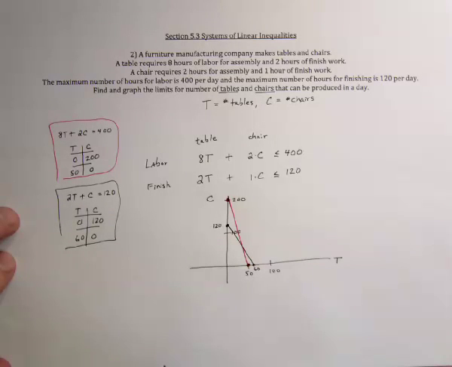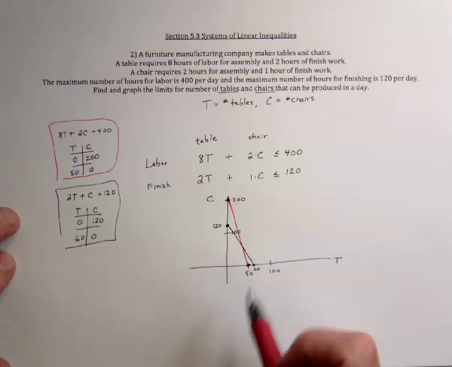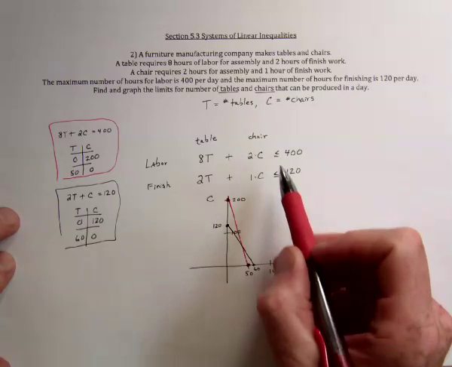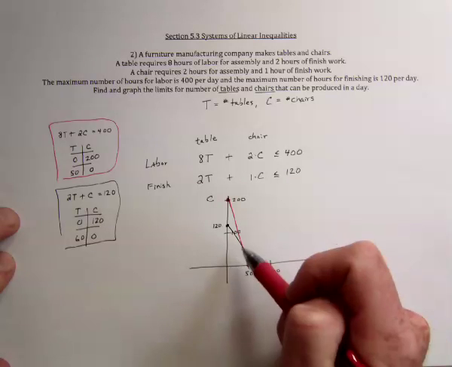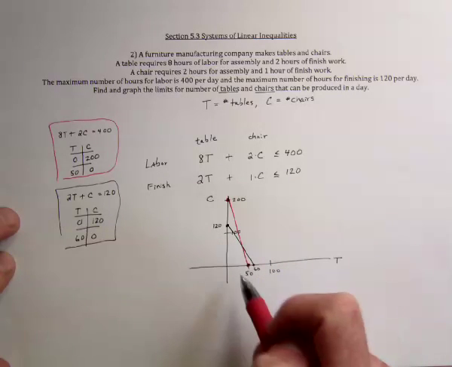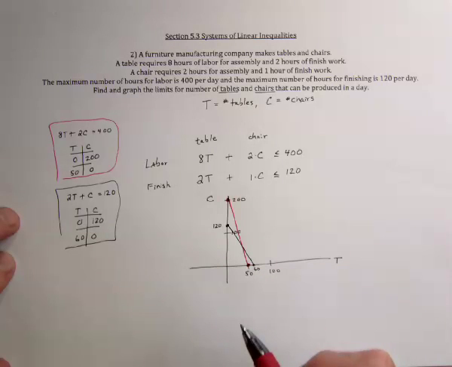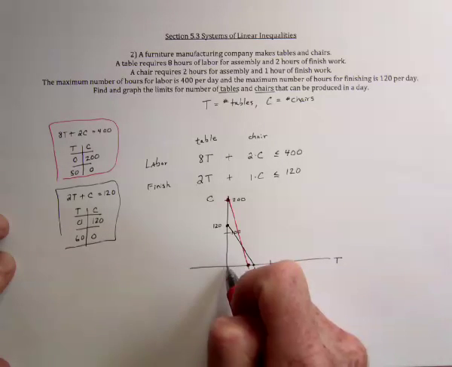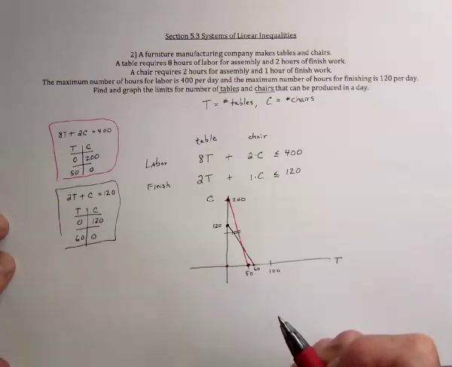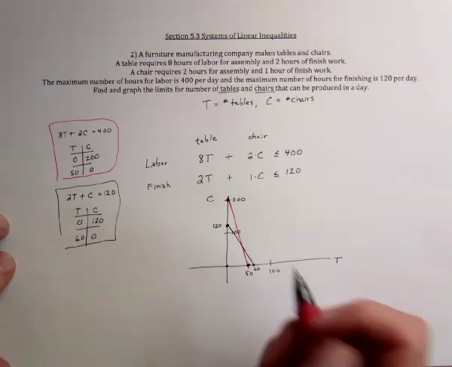And now we need to go back to the inequalities and see which region is going to make this true. With these being less than or equal, most likely the shading is going to go below. And so if it has to be below each of them, that would be this region in here. Well, I can test that by using something that's below them and see if it works.